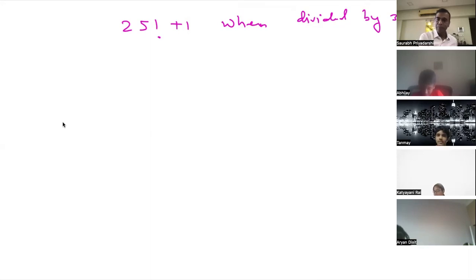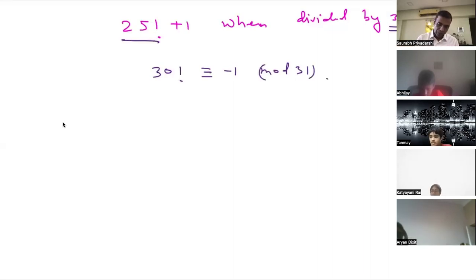Let's see what number we are getting. Okay, 25. We know that 31 is a prime number. So 30 factorial is congruent to -1 mod 31. But I have to reach 25.